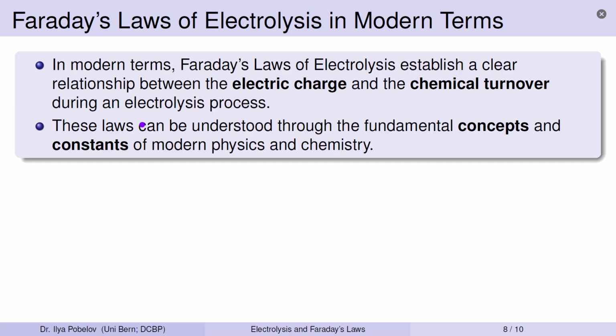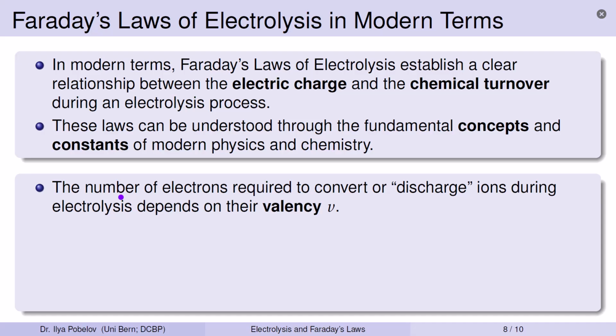These laws can be understood through the fundamental concepts and constants of modern physics and chemistry. The number of electrons required to convert or discharge ions during electrolysis depends on their valency.